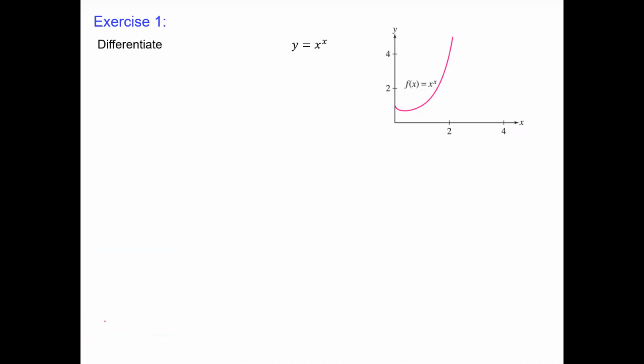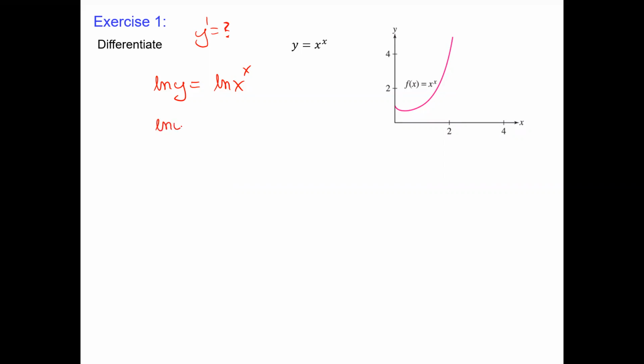It's quite a crazy function, having x in the base and in the exponent. That's what we will do. We will take natural log of both sides. We have to remember, we're still looking for y prime, the derivative.